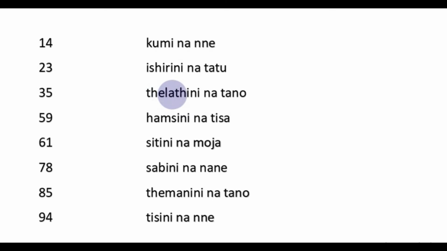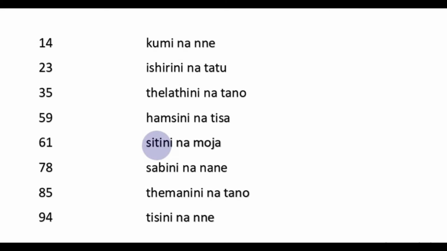We said 30 is thelathini and 5 is tano. It becomes thelathini na tano. The same with 59, it's 50 and 9, which is hamsini na tisa.